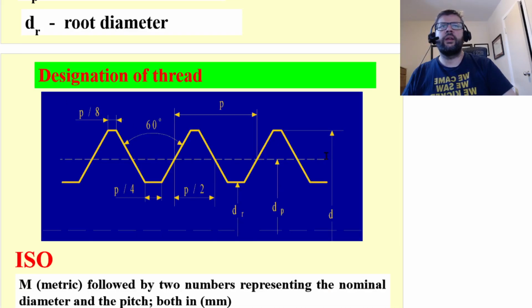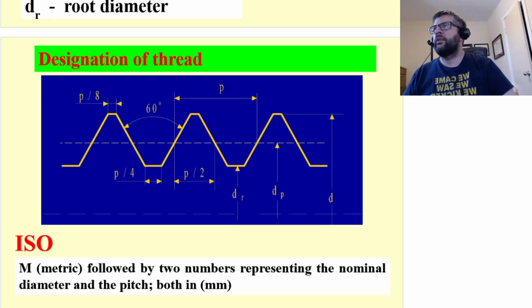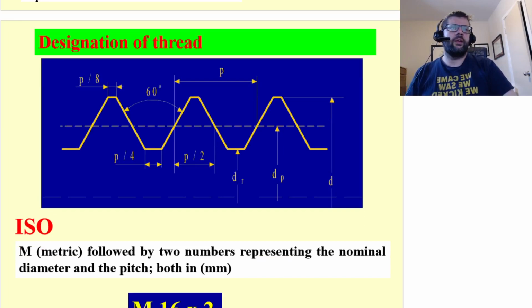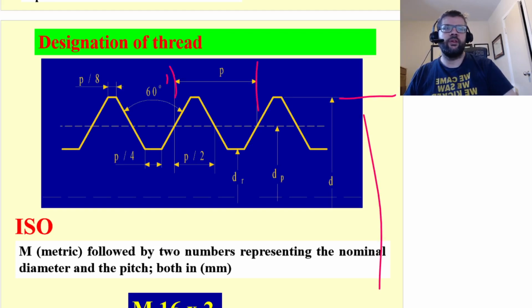Like I said, bolts are going to come in standard configurations. For example, an ISO metric bolt is going to be represented by the nominal diameter, again, that's this one here, and the pitch. Both of those will be in millimeters.